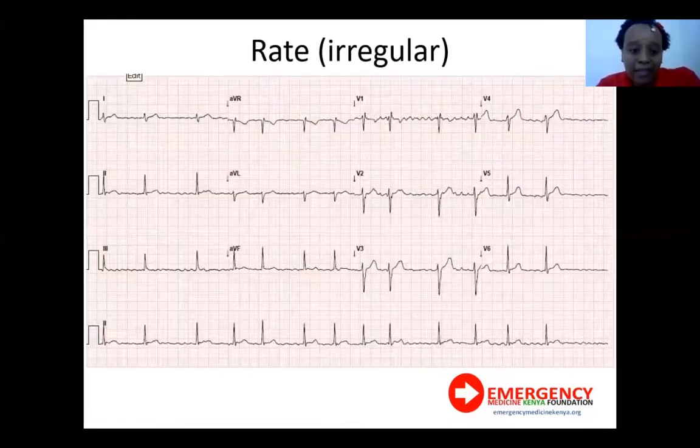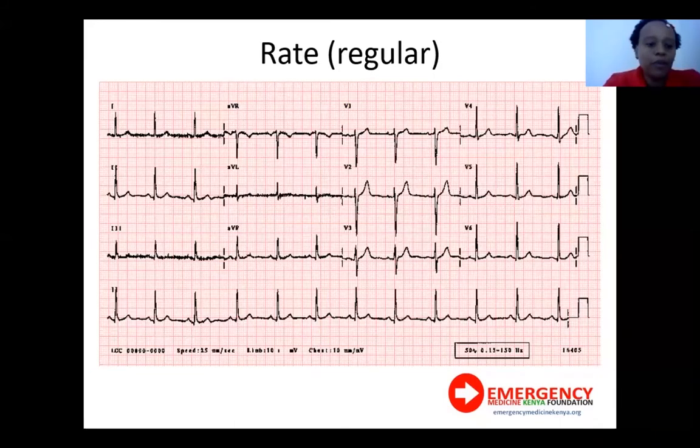Now, when you look at this, you have your strip, and you have your small paper that you have marked from R to R. When you compare it with that strip, for this one, if we count the big boxes, it's 1, 2, 3, 4. The next one has 1, 2, 3, 4, as I'm looking at lead 2. So there are approximately 4 boxes between one R and the next.